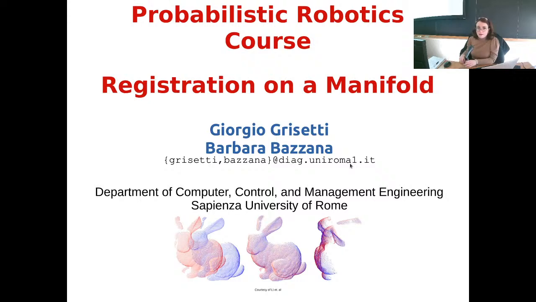In the first example, we will consider the very same problem as in the previous exercise, but we will consider the scaling as well. So, points in the robot frame will be obtained from points in the word frame through a rigid transformation and a scaling. In the second exercise, instead, we will be dealing with measurement space, which is non-Euclidean, and I will go deeper in details further.